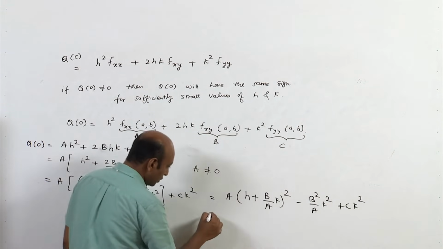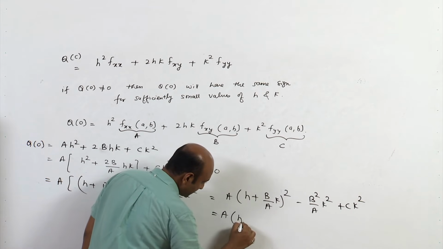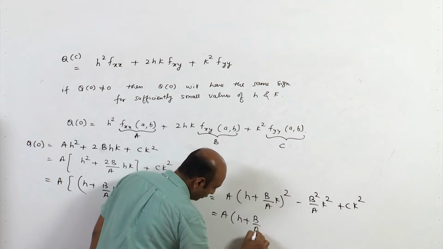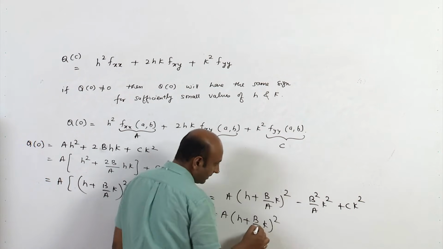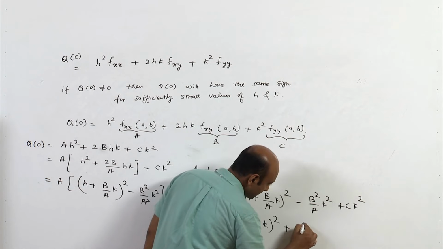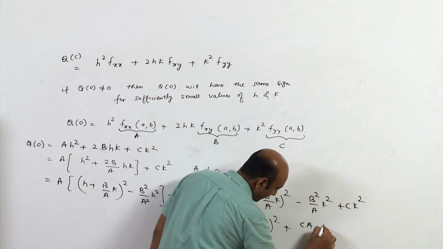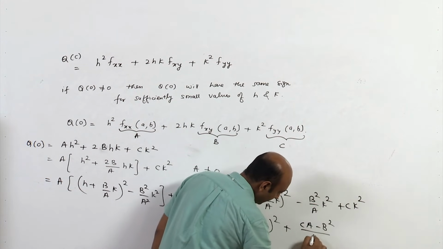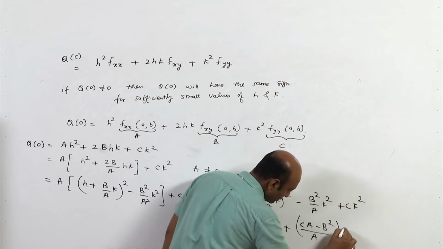So, this will be equal to A(h + (b/A)k)² + ((cA − b²)/A)k².